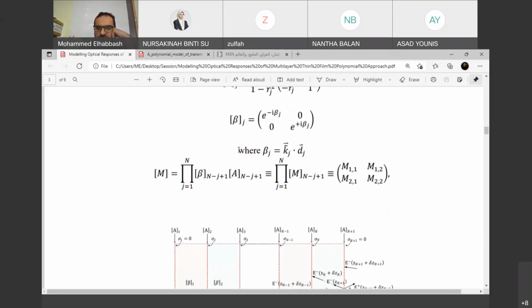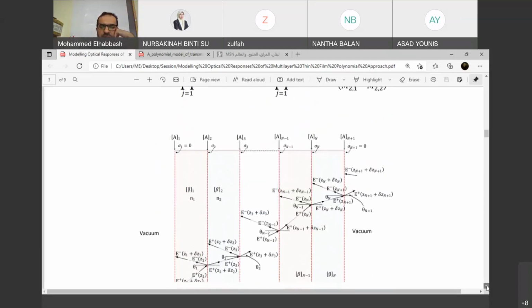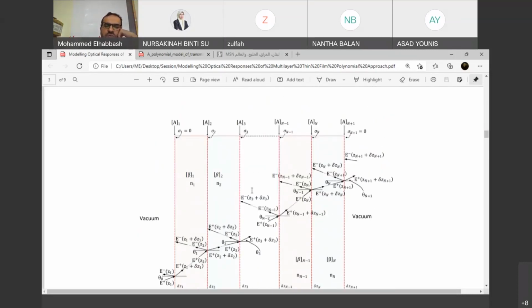The transfer matrix for these N layers will be a product of the beta matrix, or the propagation matrix, and the interface matrix, but it will start from the end to the start.